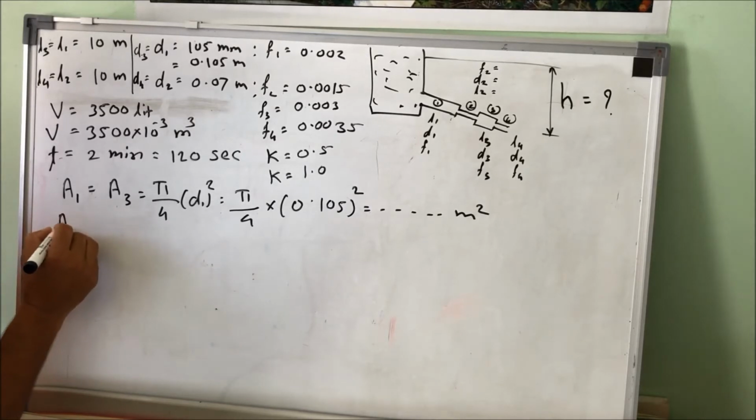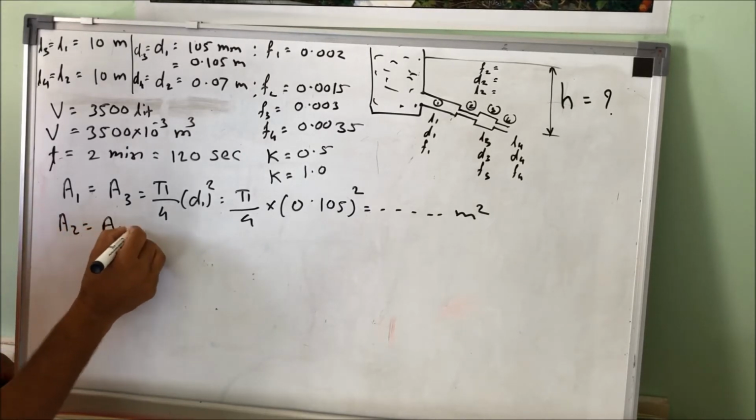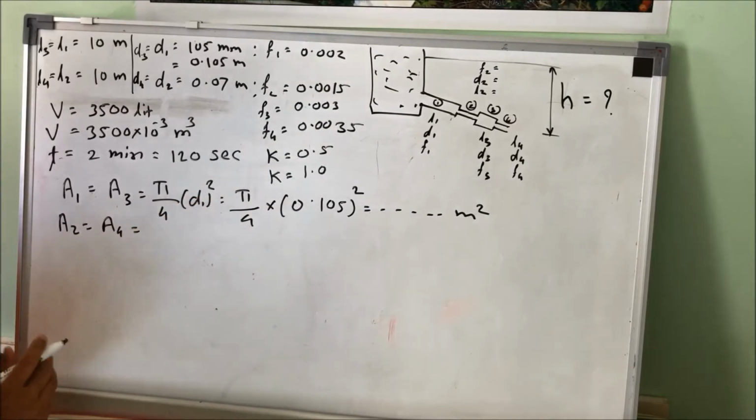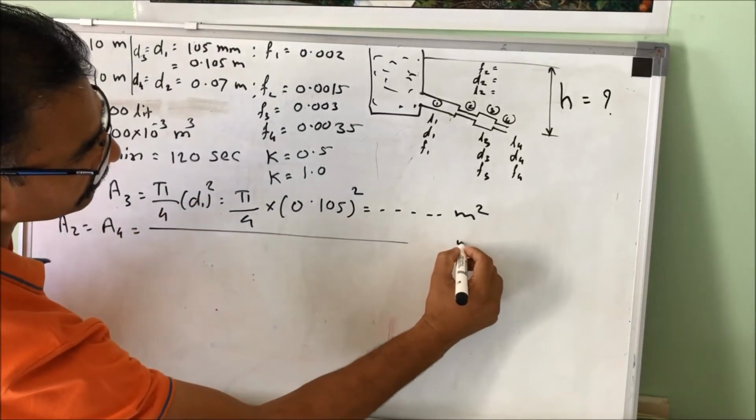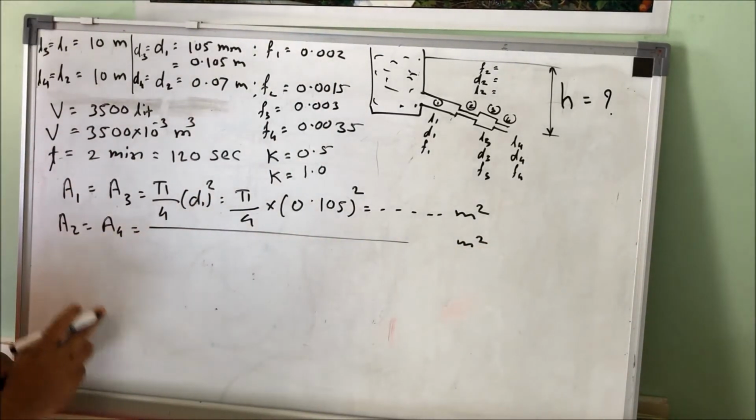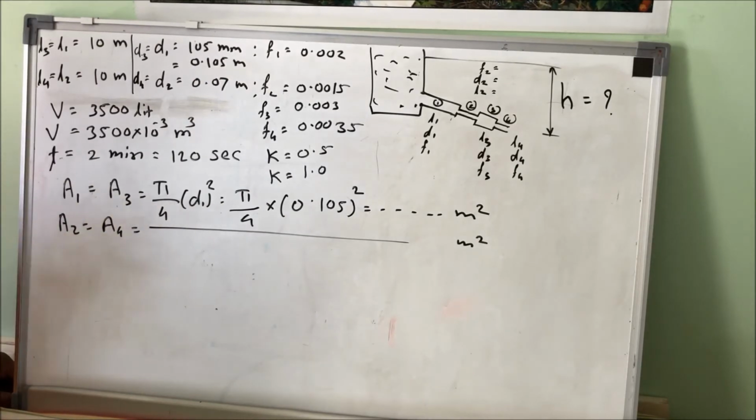Then A2 is equal to A4, the same, dash meter square. So I know area A1 and area A2.